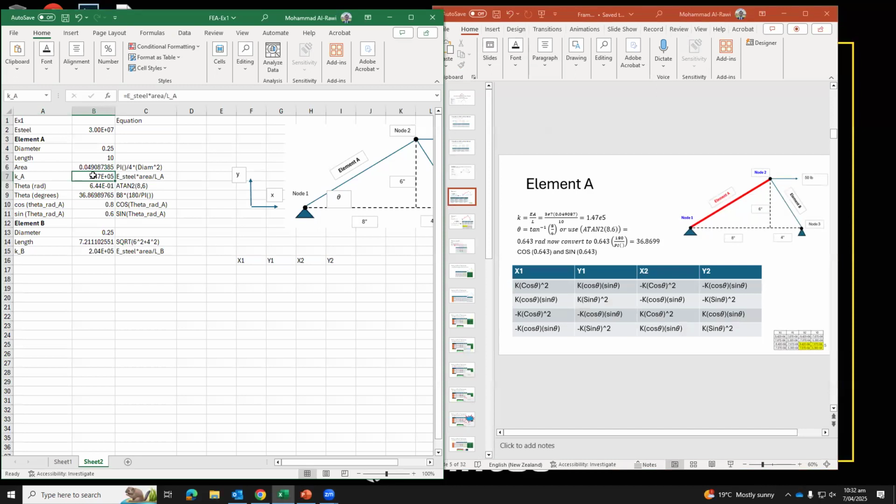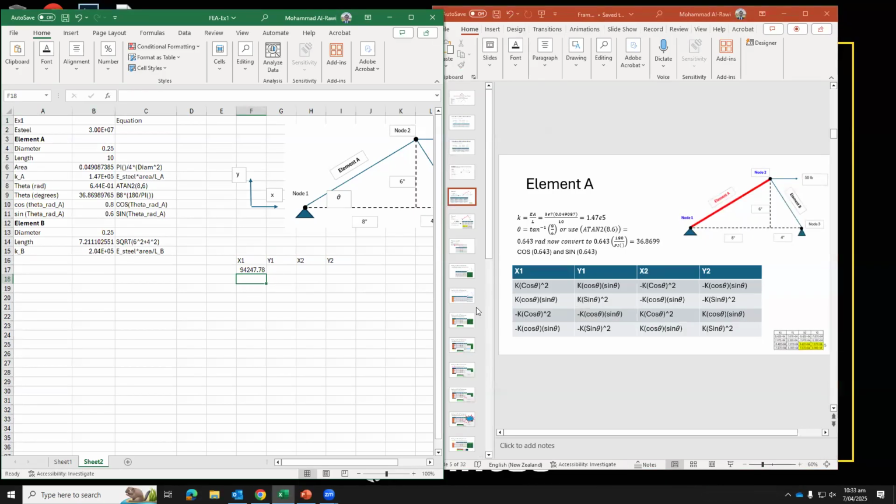Just to define that, KA. So here would be equals KA multiplied by open brackets, and then I need to find cosine theta squared. So that is cosine square, and then you get the first answer. I would do them numbers now, and later I'll convert them to scientific, okay?